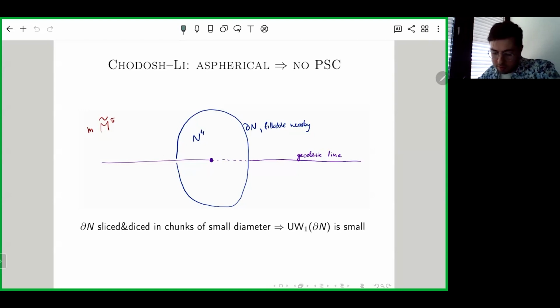Yeah, so in lower dimensions, this part, to show that something fills nearby, was just by saying that, okay, if we knew that the diameter of this boundary of n is small, then we've just used the geometric contractibility properties of this universal cover and finish immediately.